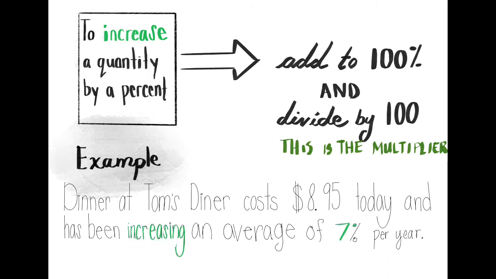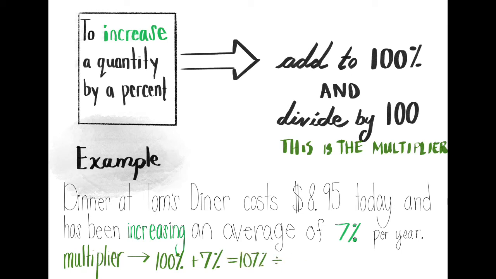So first we need to take the 7% and add it to 100, which gives us 107%. And then we divide that number by 100 to change it into the multiplier, to get rid of that percent, which gives us 1.07. So that's our multiplier.